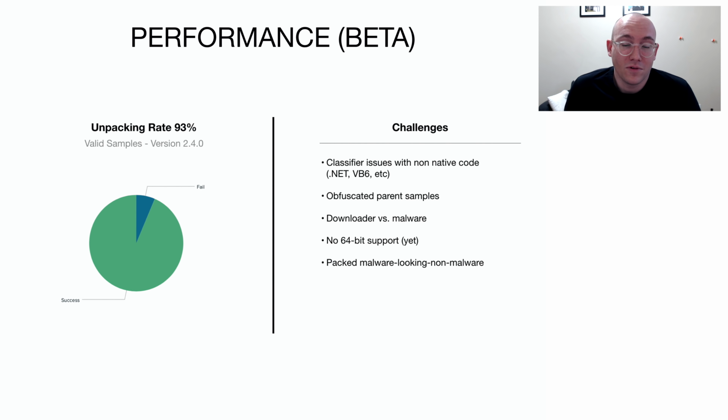So it doesn't work well for that. In that case, I'm not sure if we're ever going to be able to solve that. I think we're still going to probably run into issues where we have samples that look like malware, but they're not. Again, that's just a classifier issue.